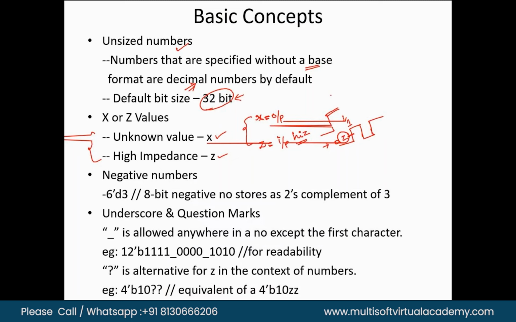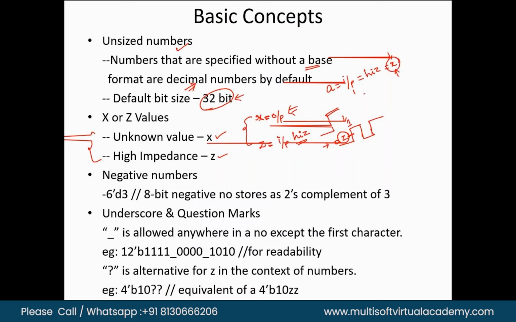When you go for structural modeling or any other modeling, in the simulator window, if A is my input, it should be shown as HIZ. Instead of HIZ, if it is shown as X, it means A is my input, but the simulator is considering A as output.